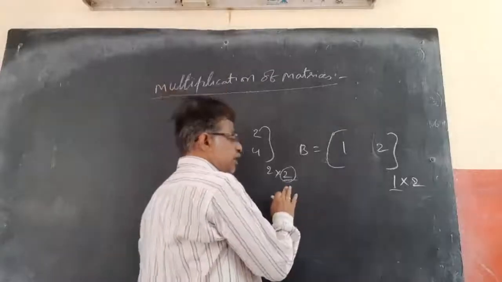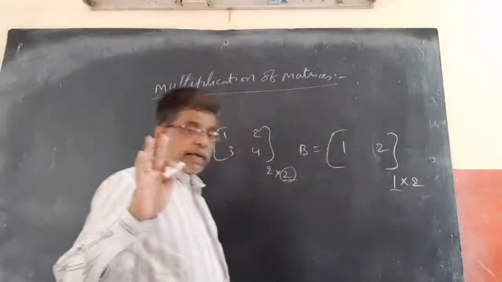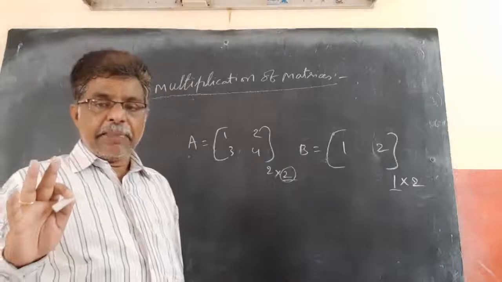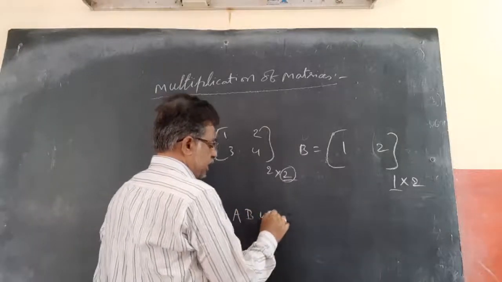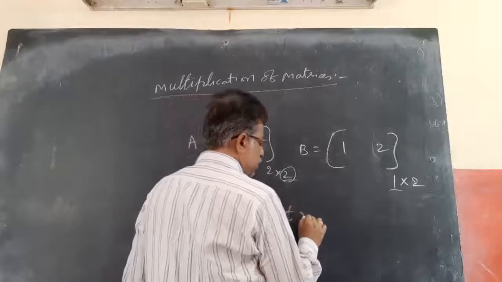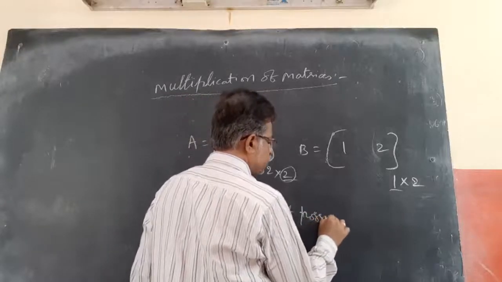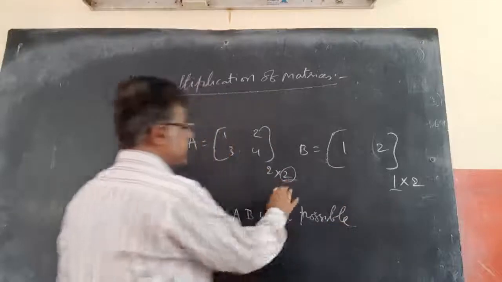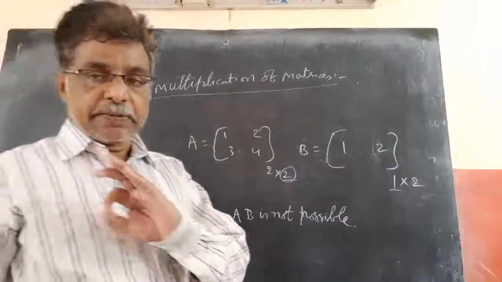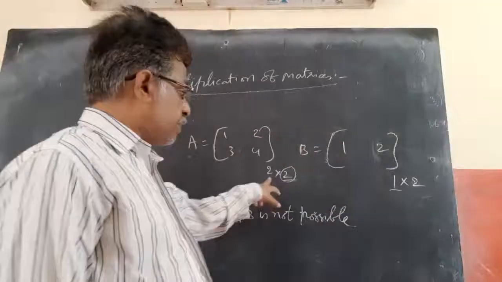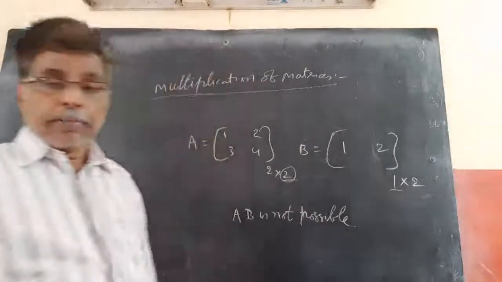First, the number of columns must equal the number of rows, then only AB multiplication is possible. Here A is 2 by 2 and B is 1 by 2, so multiplication is clearly not possible, because the number of columns is not equal to the number of rows.